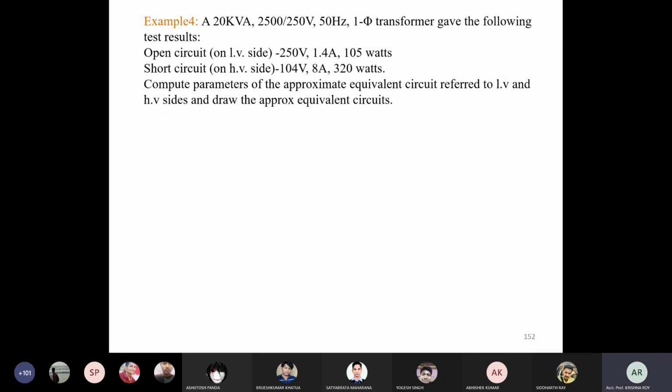Take a snapshot. Done? Yes, sir. Okay. That 105 watts is the wattmeter reading. Yes.